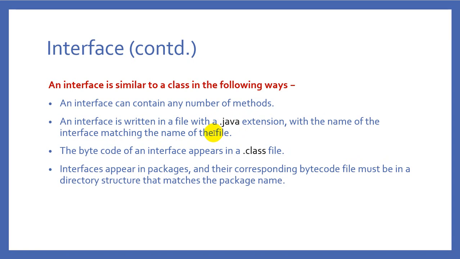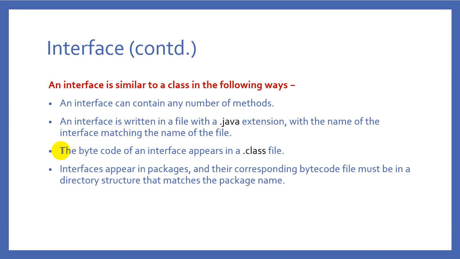For example, a main class holding a main body: the name of the class and the file name should be the same. That is the restriction as far as Java is concerned. Similarly, it applies to interfaces as well. Whenever you have an interface, it will be stored in a separate file with the .java extension, but the name of the file and the name of the interface should be the same.